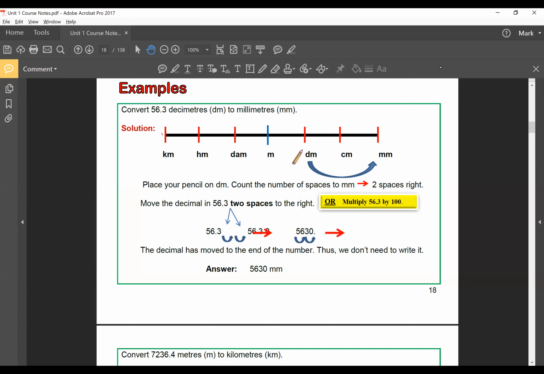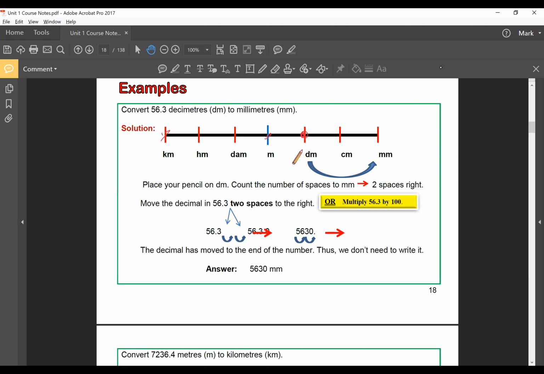This could be kilometers or meters, but in this example, it's decimeters. Count the number of spaces to go to the unit you're looking for, or more specifically, the prefix you're looking for. The unit is meters. The prefix is going from deci to milli.